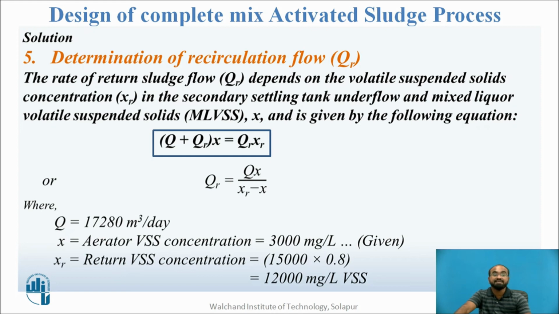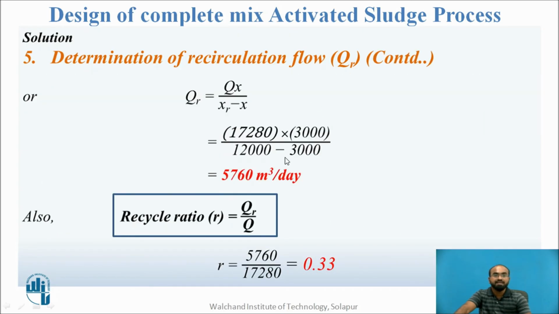X is basically aerator VSS concentration. We know that is 3000 mg per liter. Then XR is return VSS concentration, which will be 15,000 multiplied by 0.8. That is our ml VSS ratio, by which we will get 12,000 mg per liter. By putting this here, I will get the value of QR, that is 5760 meter cube per day.